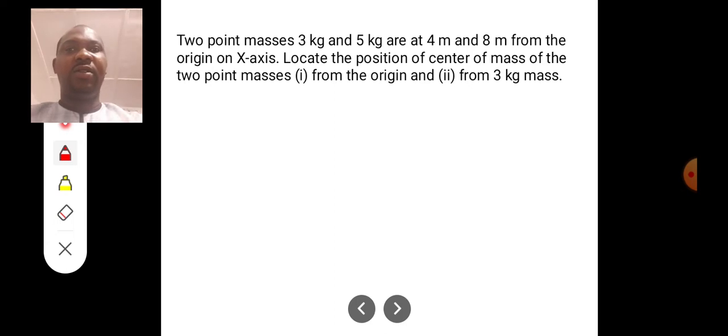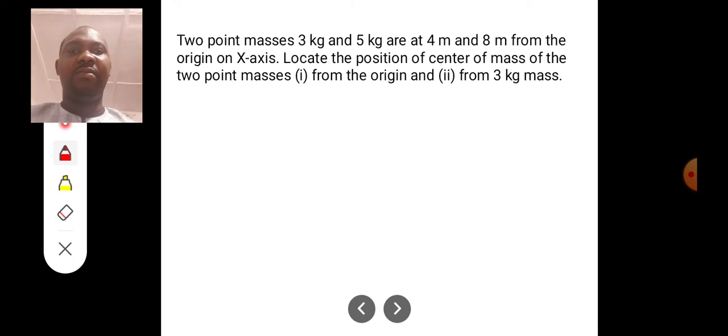Look at this question. 2-point masses 3 kg and 5 kg are at 4 meters and 8 meters from the origin on the x-axis. Locate the position of the center of mass of the 2-point masses from the origin.